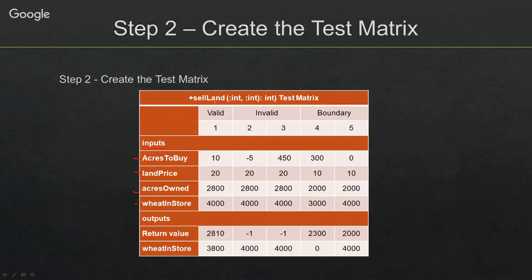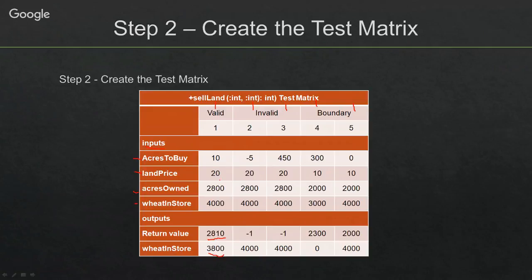And up here, we use the test matrix to determine which of these calculations work. A valid case would be: acres to buy is 10, land price is 20, acres owned is 2,800, wheat in store is 4,000. You just purchased 10 acres, so your return value is 2,810, and your wheat in store is now 3,800.